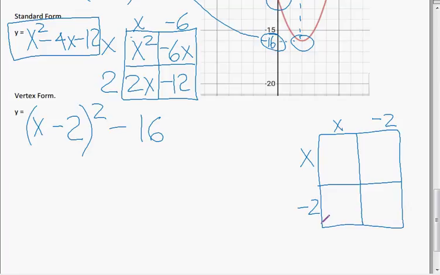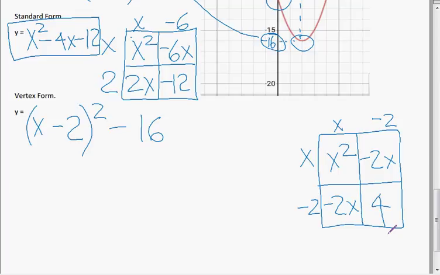And I do x times x, x squared, x times negative 2, negative 2x, x times negative 2, negative 2x, negative 2 times negative 2 gives me a positive 4.